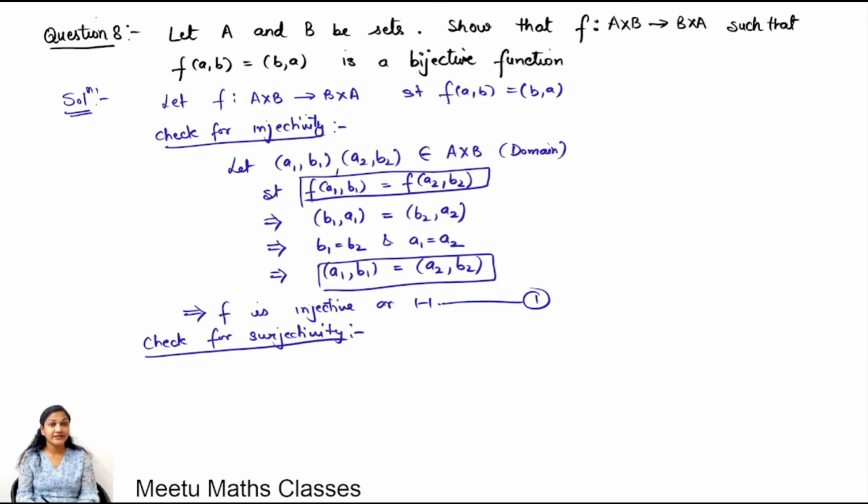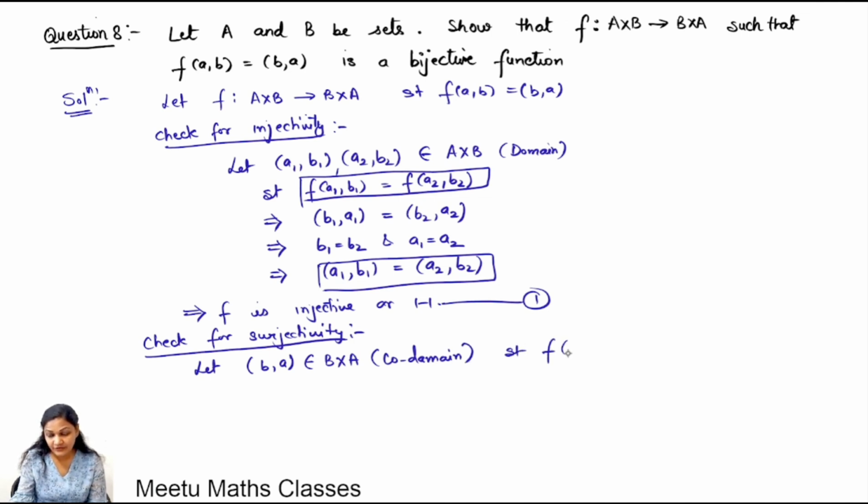Now for surjectivity, let us take an arbitrary element (b, a) in the codomain B cross A, such that f of some element (x, y) is this (b, a). Now we are supposed to check whether this (x, y) belongs to the domain A cross B or not.